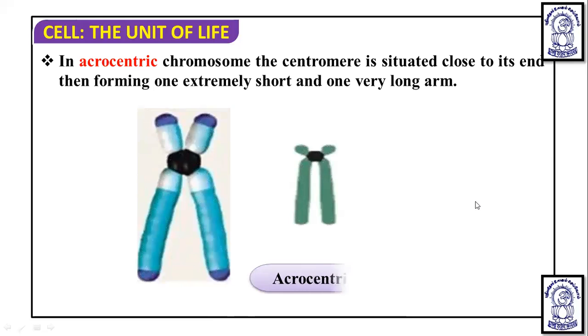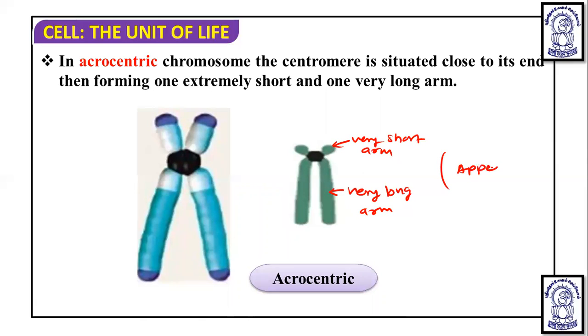You can see that this is the acrocentric chromosome, with one very short arm and another very long arm produced. This chromosome appears J-shaped during anaphase of mitosis.